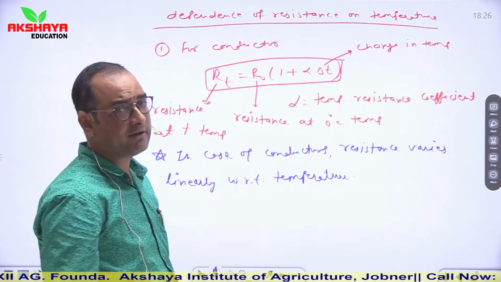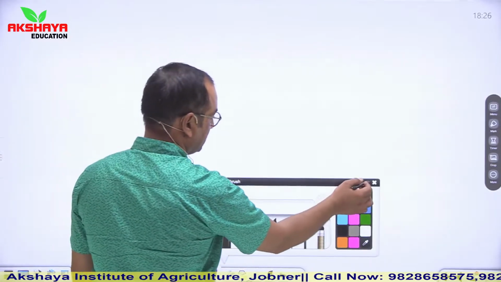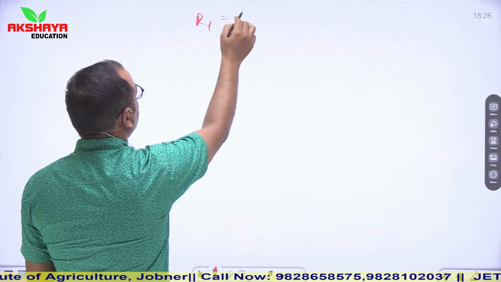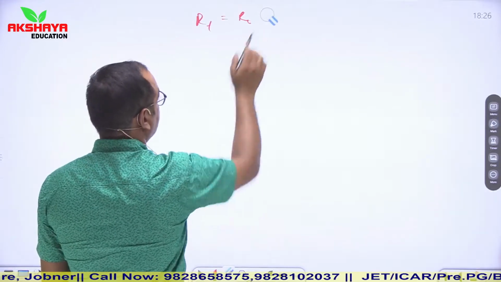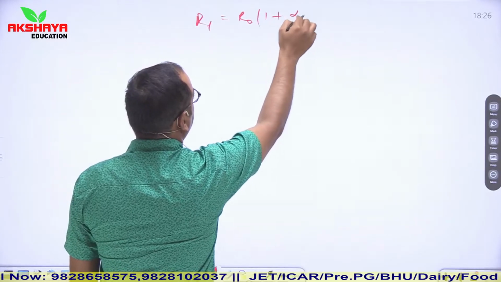So let us draw a graph. See, our relation is RT is equal to R naught into 1 plus alpha del T.